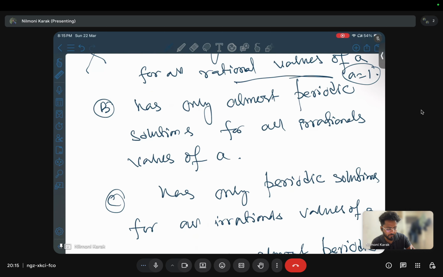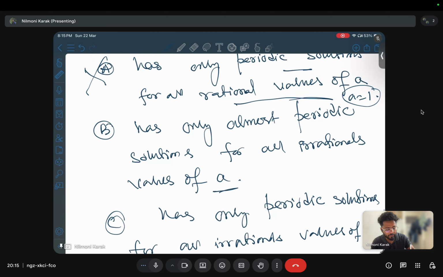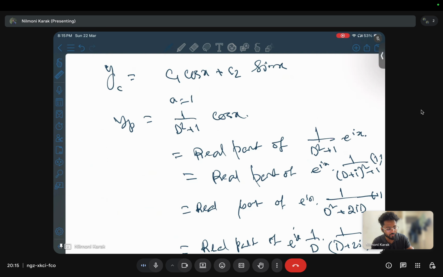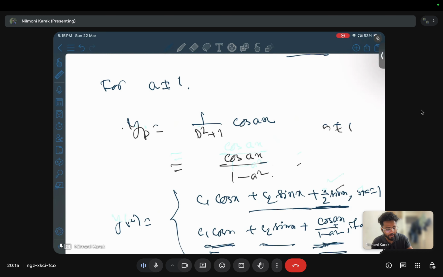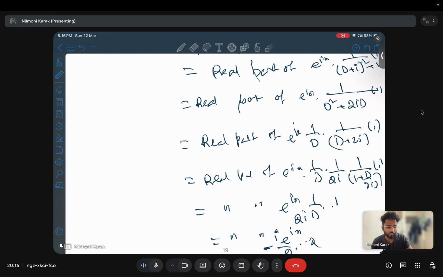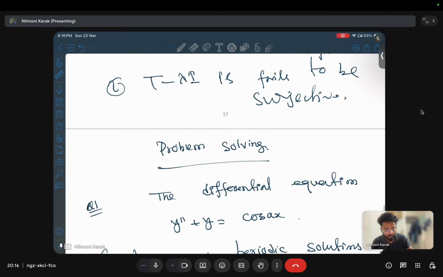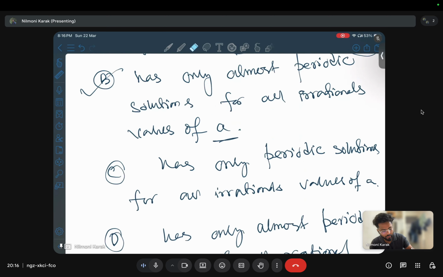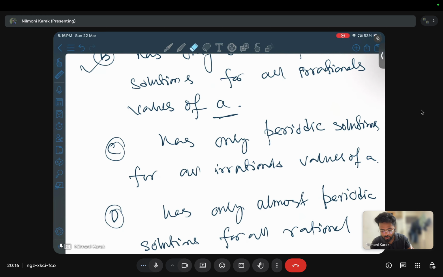Since this is an almost periodic solution, for a equals 1 the solution is periodic, so it is also almost periodic, right? So this is true for any irrational a.